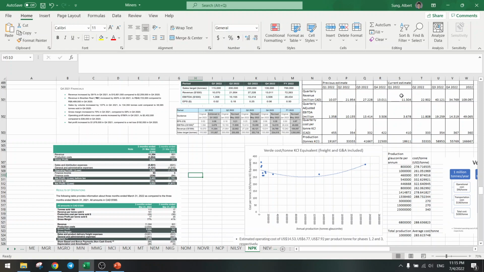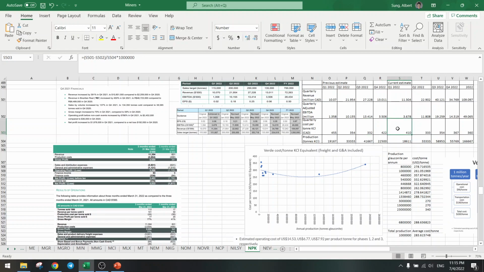So let's take a look at these numbers. Let's take a look at this table first. Those are the Q1 numbers of 2022. And I have added here the revenue, the EBITDA, and based on revenue and EBITDA, we can calculate the costs based on these costs and the tonnage.